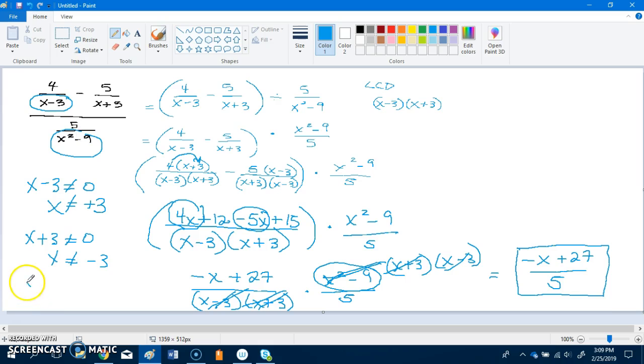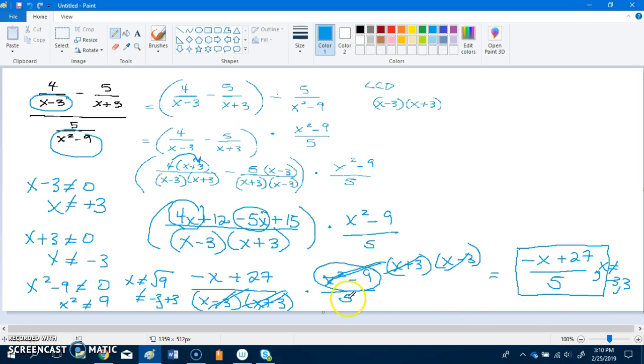The last one, x squared minus 9, can't equal 0. So x squared can't equal positive 9, which means x can't equal the square root of positive 9, which means it can't equal negative 3 or positive 3. So the numbers we are going to exclude are that x can't equal negative 3 or positive 3.